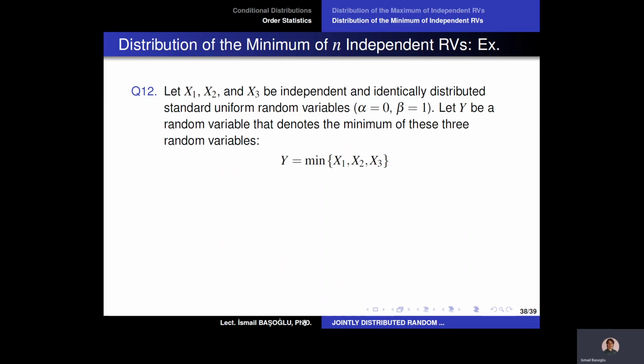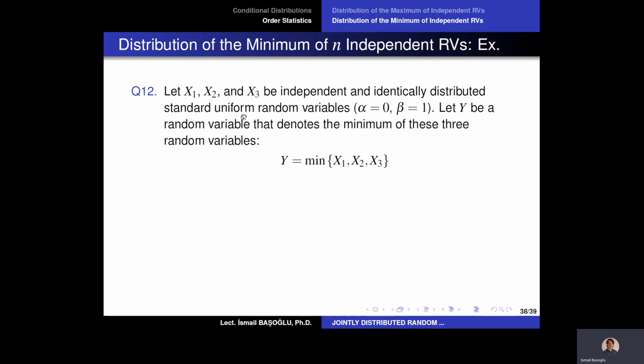Let's just say we have 3 random variables which are independent from each other, and they are identically distributed as a standard uniform random variable, which means their lower bound parameter is 0 and upper bound parameter is equal to 1. So y is a random variable which denotes the minimum of these 3 random variables. Since all these 3 random variables can take values within the 0-1 interval, y is also taking values within the 0 and 1 interval.